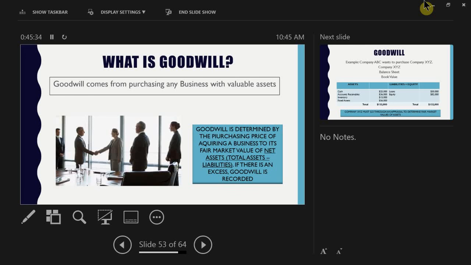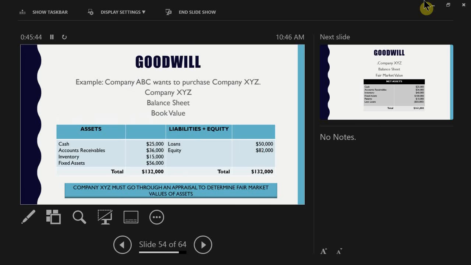And of course, if there is an excess, then that becomes goodwill. What does all this mean? Well, let's take a look at an example so it's a little clearer to you. In this case, company ABC wants to purchase company XYZ.